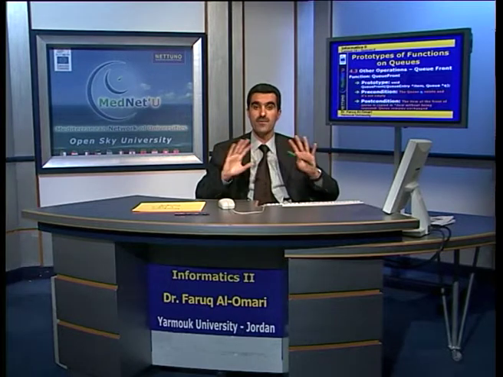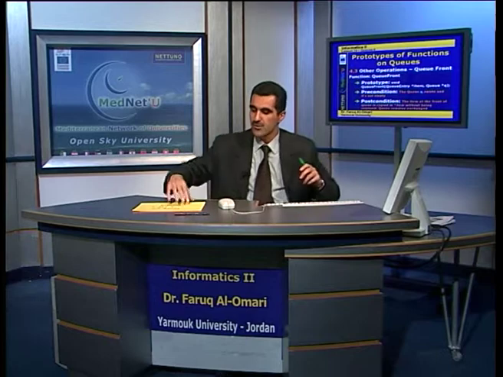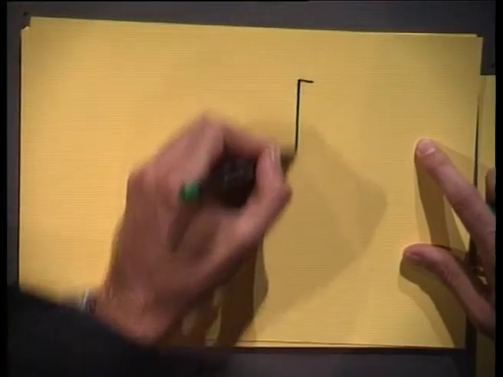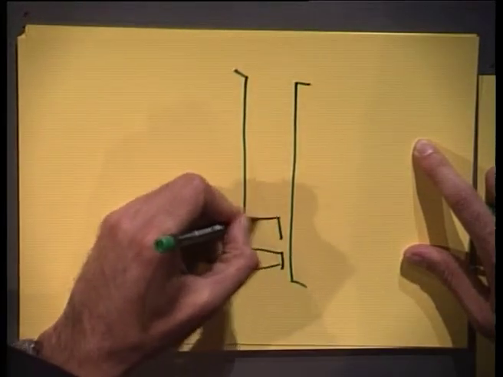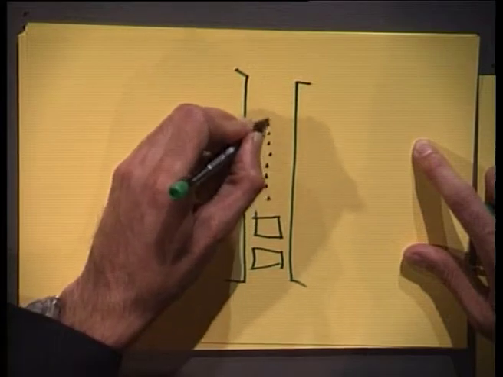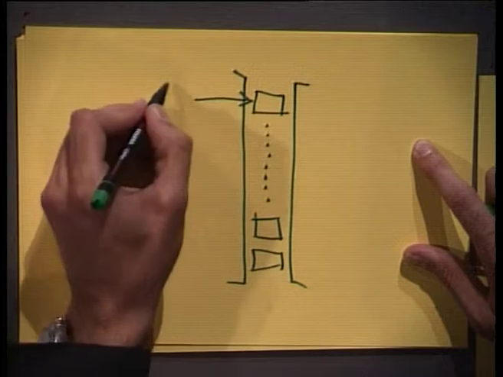I'm not going to remove that entry from the queue. It's not like service, but rather just a copy. So basically, if this is my queue, and I already have a few items inside it, that's where front is pointing.